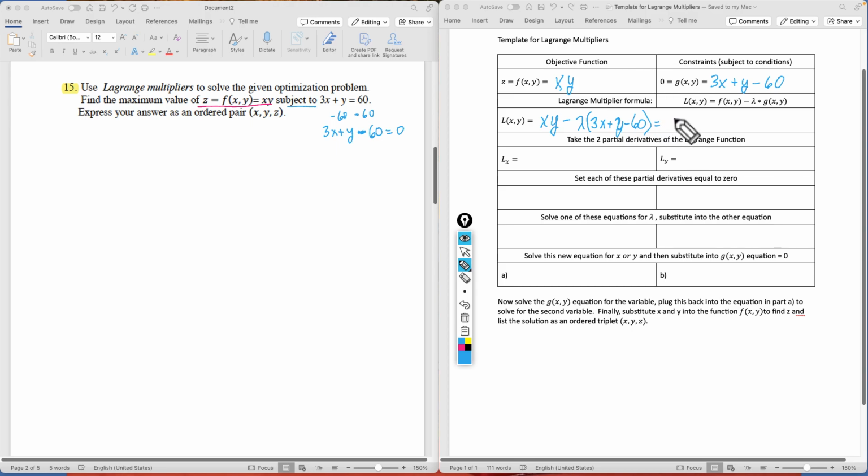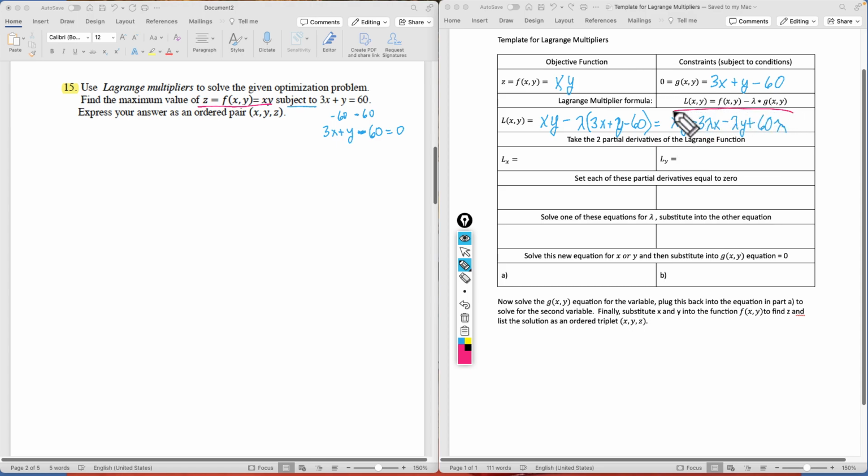All we're going to do is rewrite it as xy minus 3 lambda x. We usually put numbers in front of letter constants and constants in front of variables. Then a minus and a plus make a minus lambda y, and then a minus and a minus make a plus 60 lambda. Okay, so now we have our Lagrange function set up.